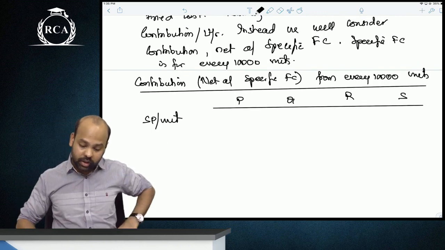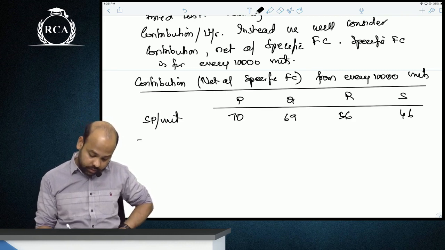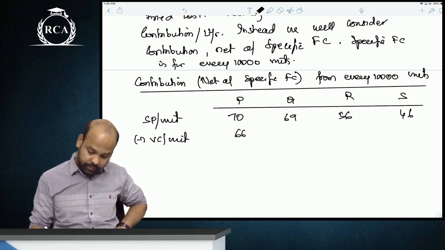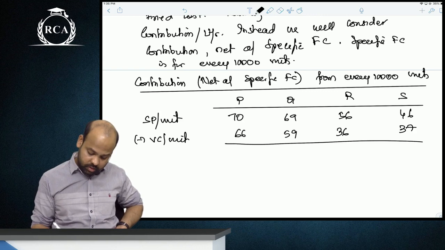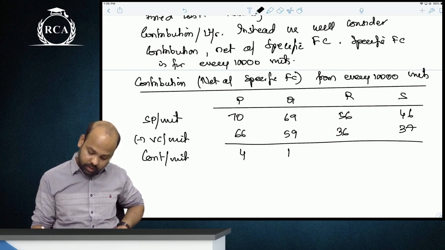Selling price per unit is 70, 69, 56, 46. Less variable cost per unit is 66, 59, 36, 37. My contribution per unit is 4 rupees, 10 rupees, 20 rupees, 9 rupees.